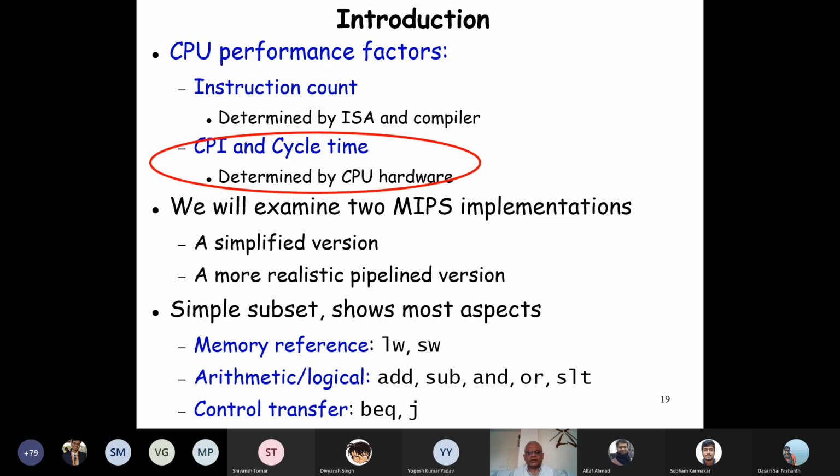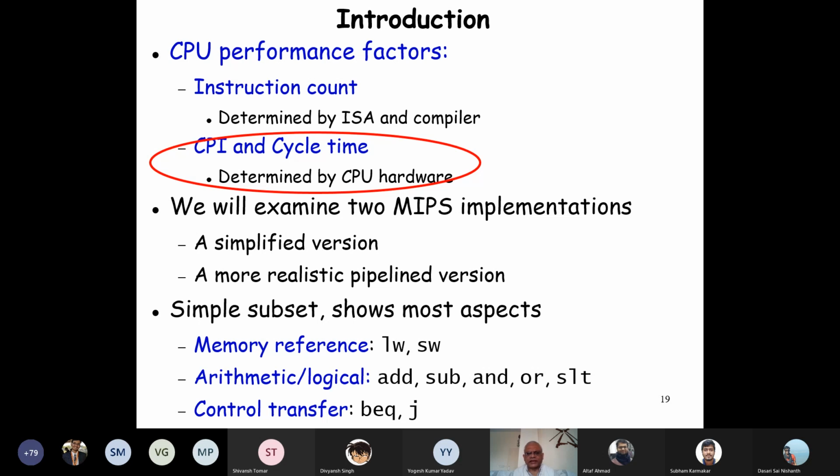So far, we have looked at the instruction set architecture, and the CPU performance is influenced not only by the instruction set architecture and the compiler, because they influence the instruction count when we write the program for a specific problem, but also by the CPI, cycles per instruction, and the cycle time.